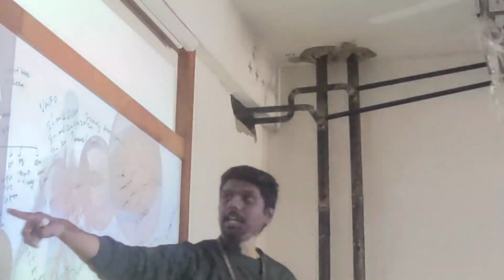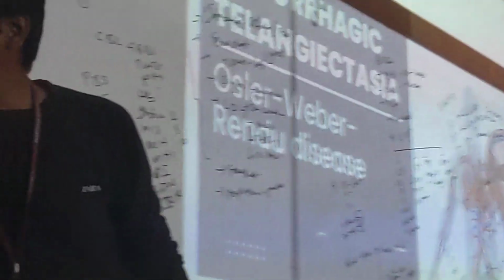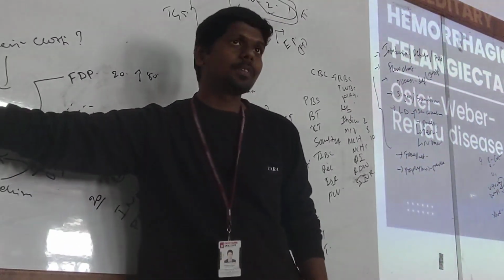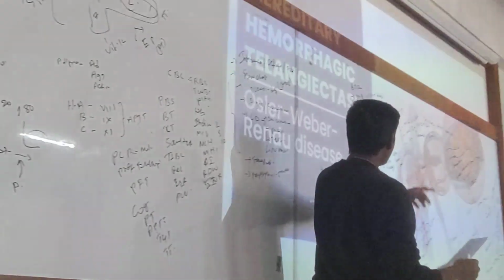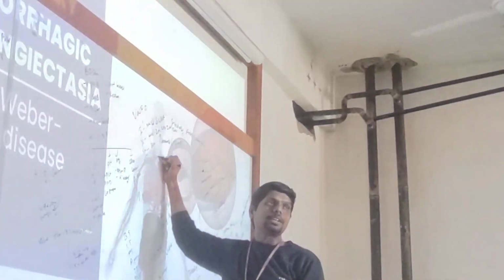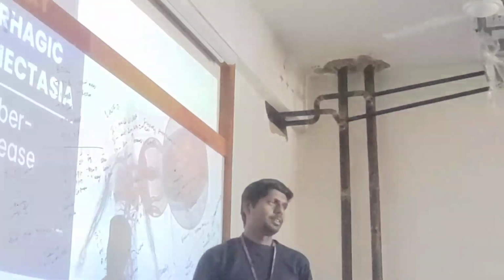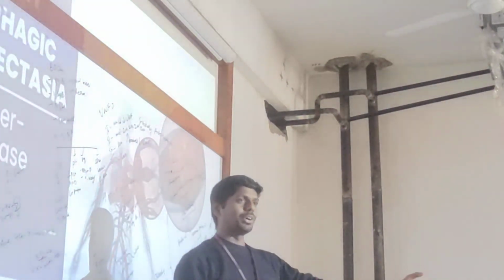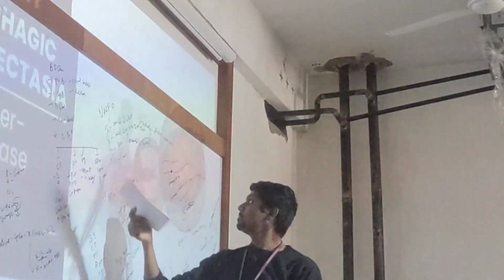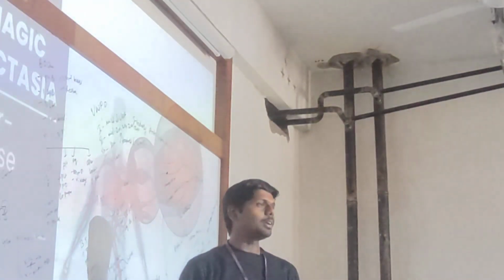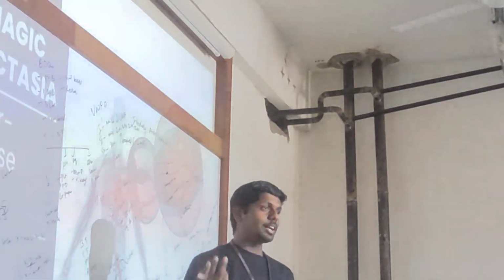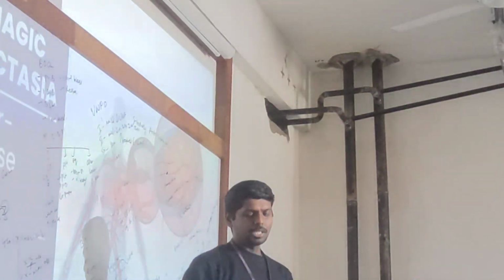Desmopressin is the treatment for von Willebrand factor disease. But in case of the severe condition, they must get von Willebrand factor transfusion. We will take a healthy individual, extract the von Willebrand factor and transfuse it to the severe condition. That means they won't even respond to medication. Their body cannot generate von Willebrand factor upon stimulation. Very severe.